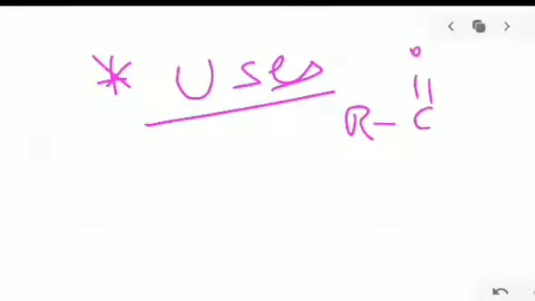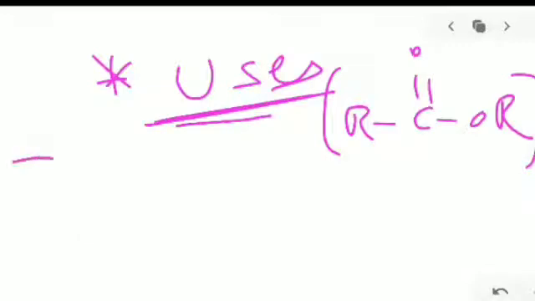Whatever the functional group in this class, we are seeing just functional groups and how we can prepare from them. So this is all organic and inorganic compounds, students. So uses of these esters: it is mostly in fatty acids, oils and cosmetics.